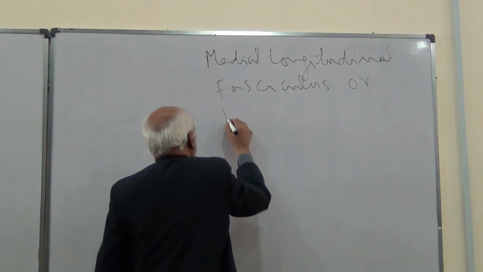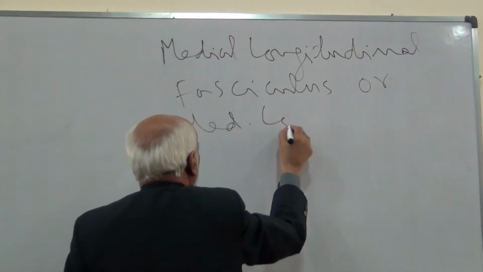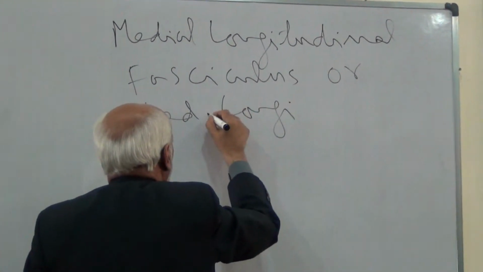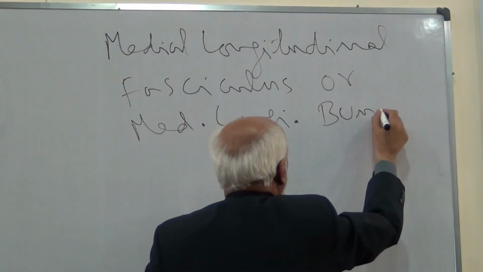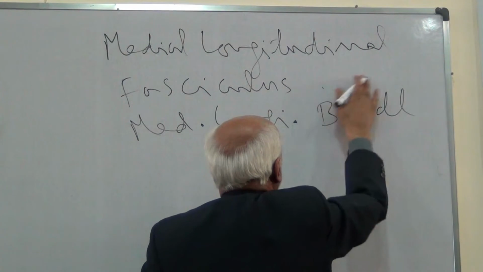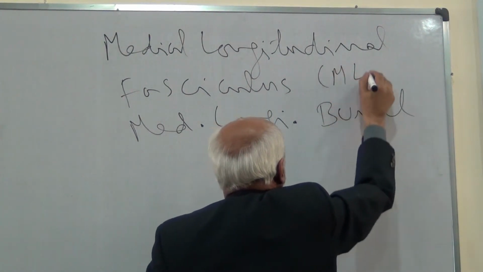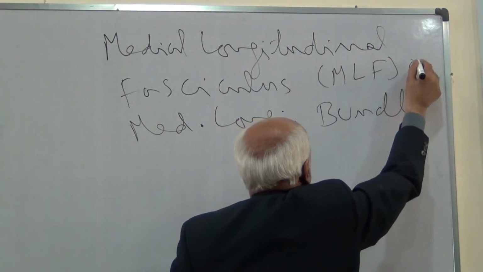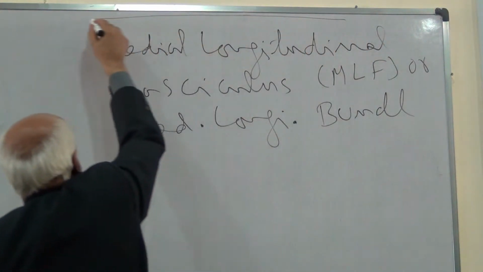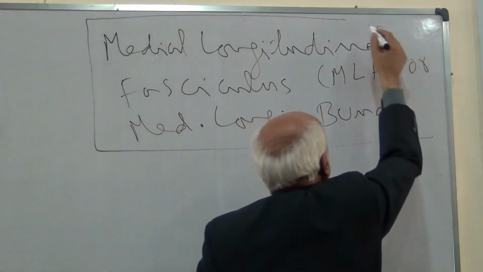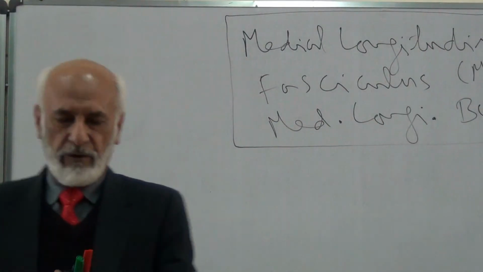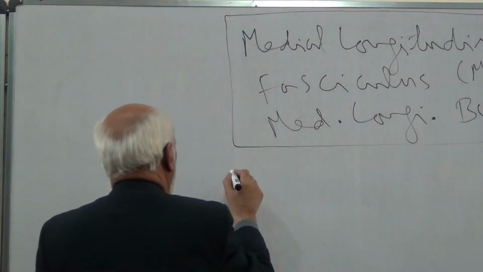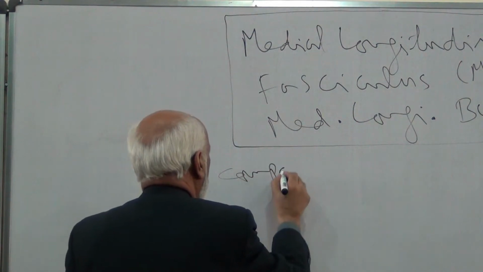It is also known as medial longitudinal bundle. Now, what is a medial longitudinal bundle? It is a compact bundle of nerve fibers.